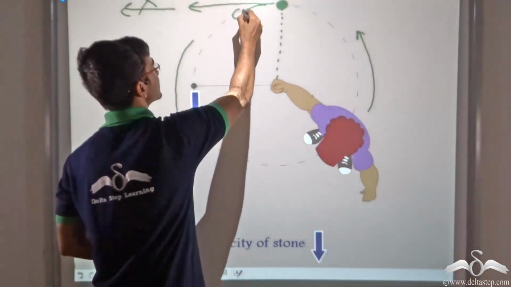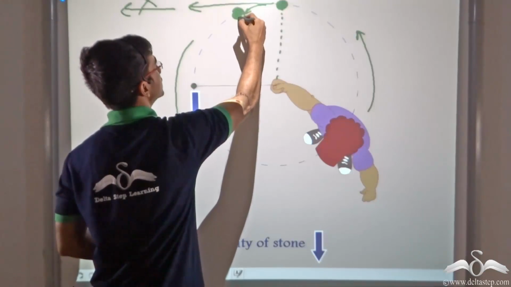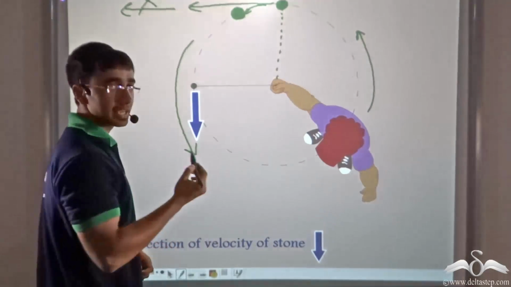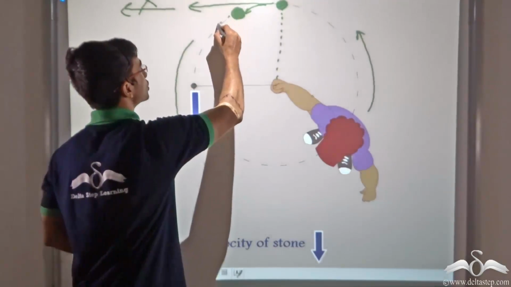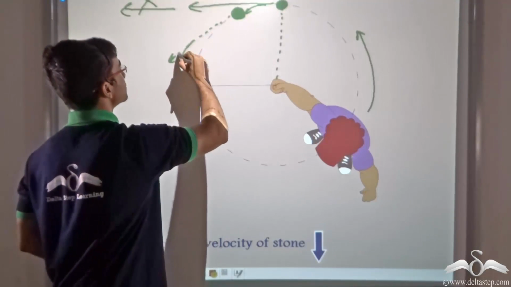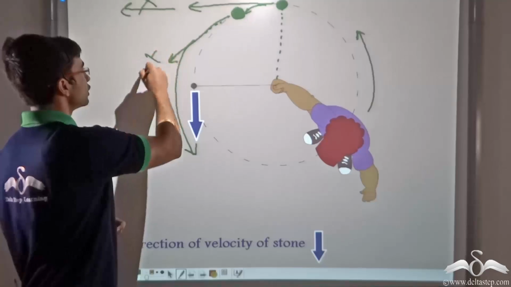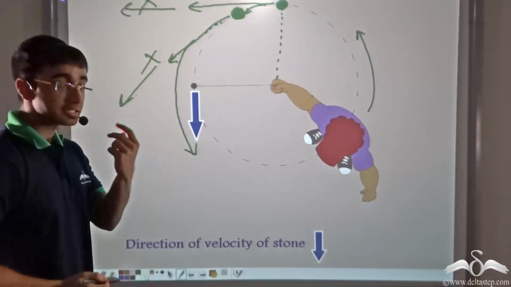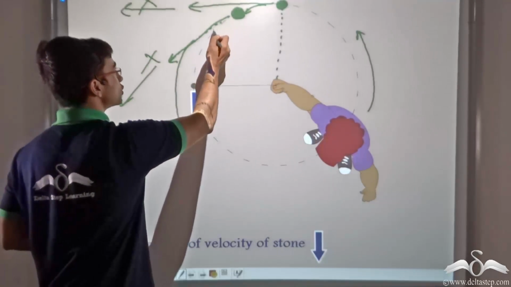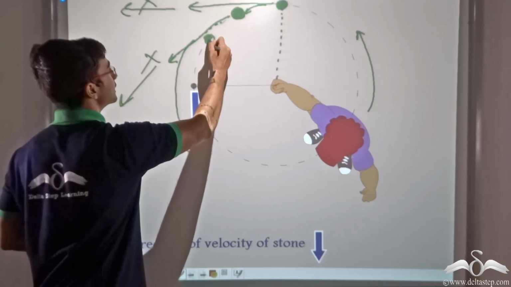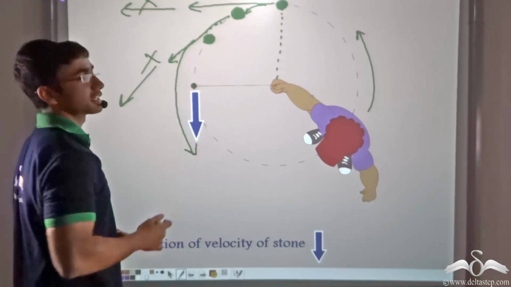At the next instant, let's say the stone is present over here. Again, the stone has this particular direction, but even then, the stone is not moving off in this direction. Instead, it comes over here and let's say it is present at this particular point.